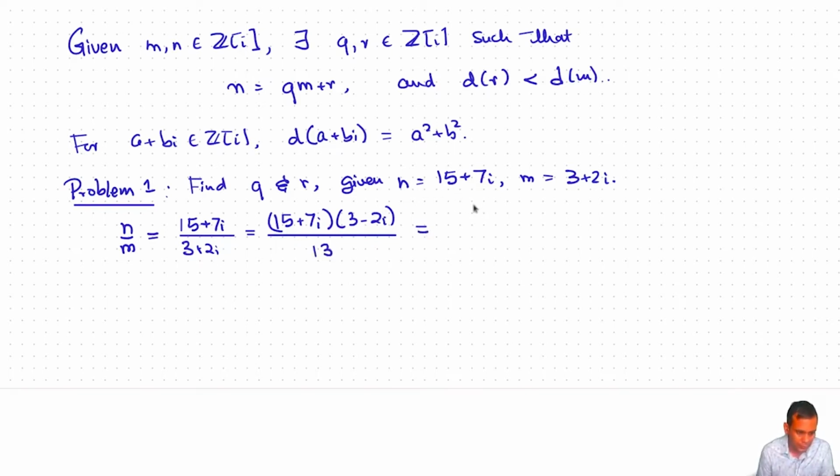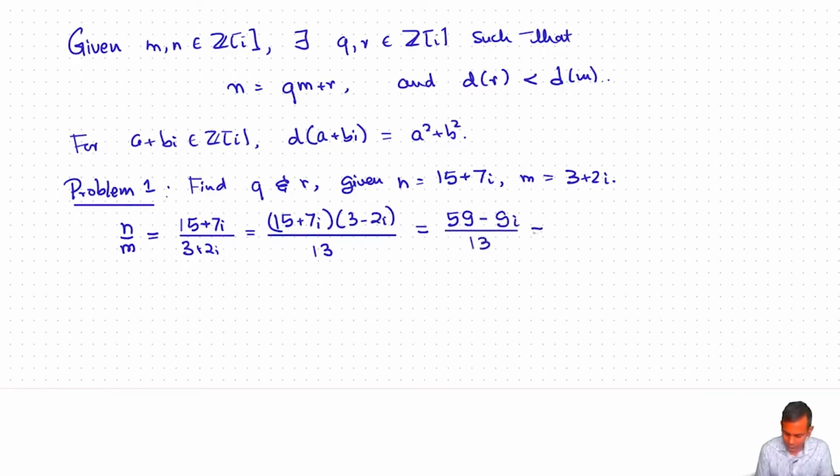15 times 3 is 45, 45 plus 14 is 59, and then we have 21i minus 30i, so we get minus 9i, by 13.